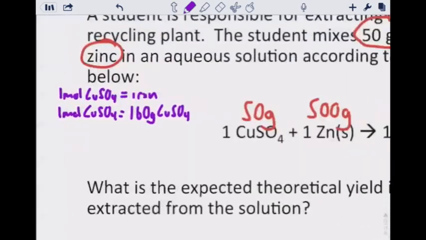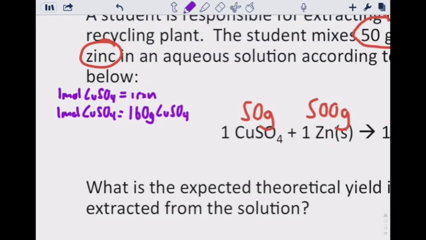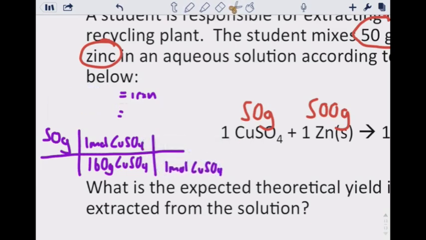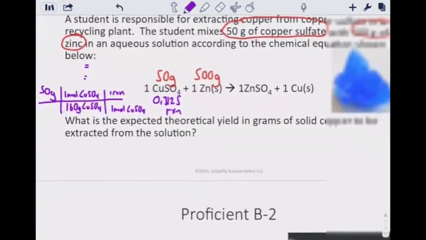Okay, so we start with what we're given. We're given 50 grams of our copper sulfate. Grams goes on the bottom, 1 mole goes on the top. Then we keep going, because we don't have the reactions yet, so 1 mole in 1 reaction. And what we'll see is that our copper sulfate will produce 0.3125 reactions.